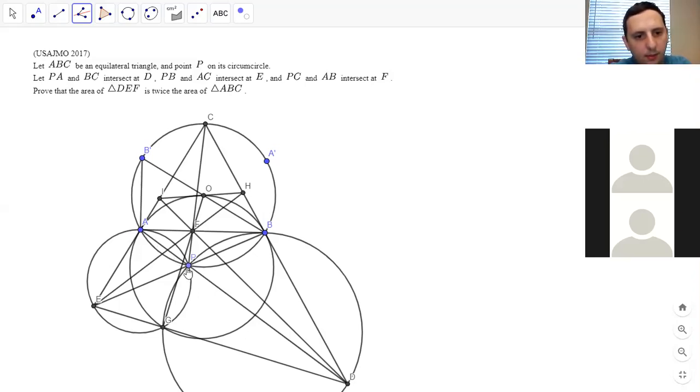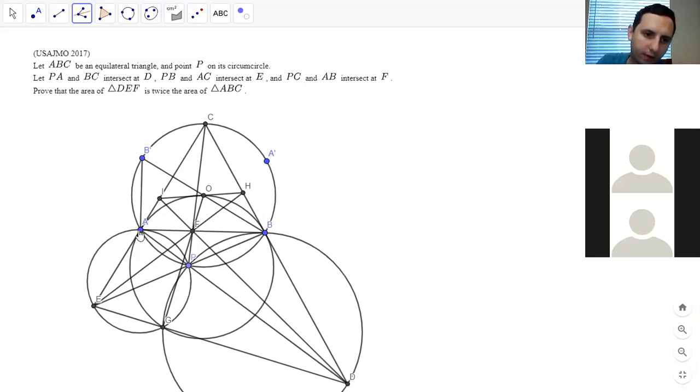So yeah, PA plus PB is PC. I still like the idea of using a subtraction.